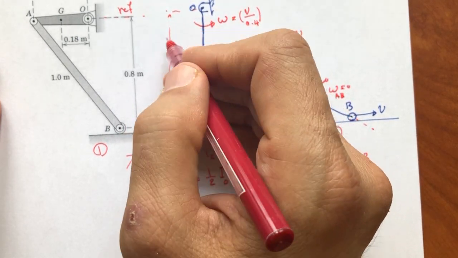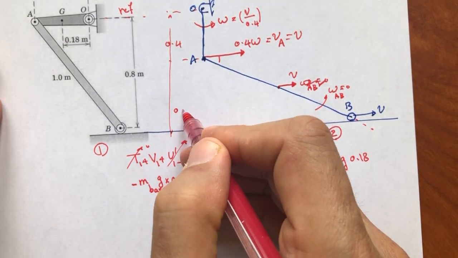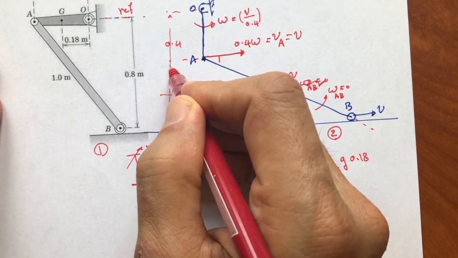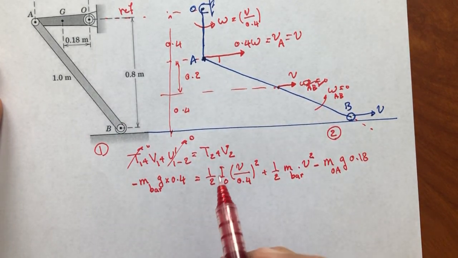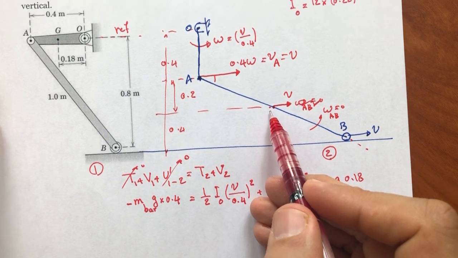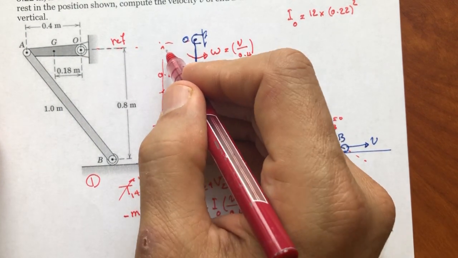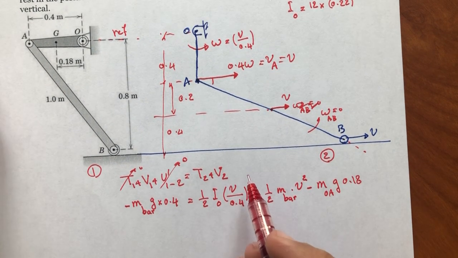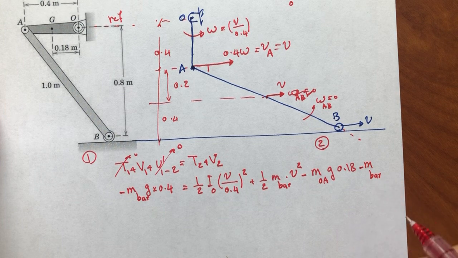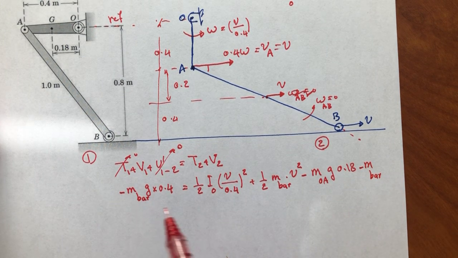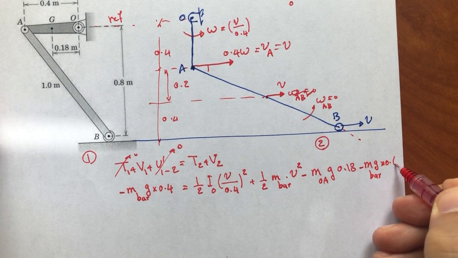From here to here is 0.4, so from here to here is 0.4 as well. So half of it, from here to here, is going to be 0.2. So the height for the centroid of this bar from the reference line is going to be 0.4 plus 0.2, so 0.6, negative. So minus m of the bar, I should have written it m AB, times g times 0.6.